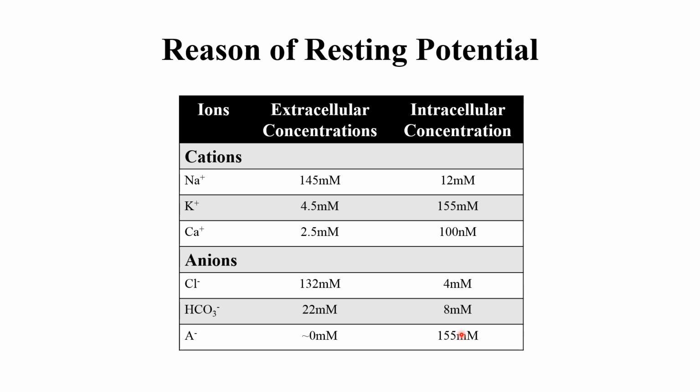So calcium is more concentrated outside. Why? Because calcium is needed for intracellular transport, which we saw happens through the dynein and kinesin proteins. The dynein and kinesin proteins need calcium to transport material.